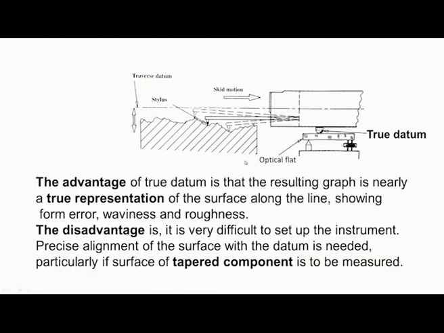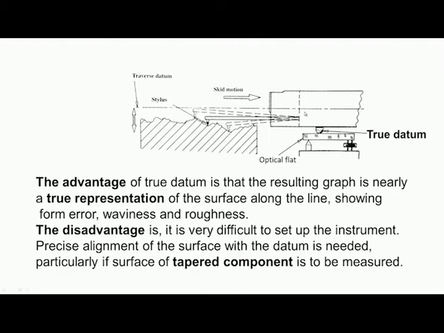You can see another version of a true datum instrument here. We have used an optical flat, a very flat surface, as the true datum, and this is the pickup unit and this is the stylus unit.